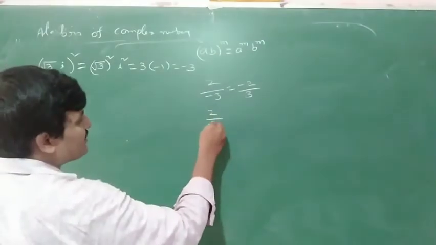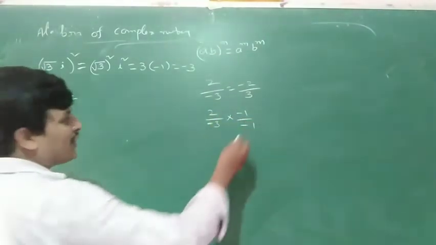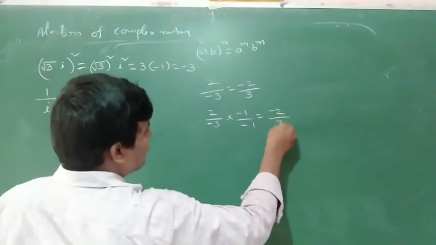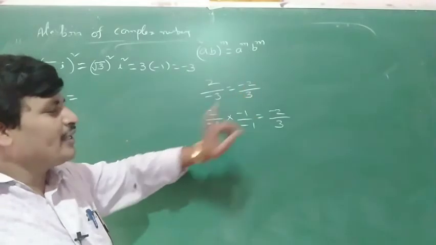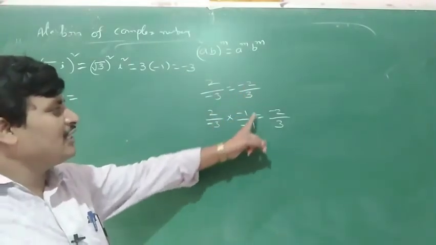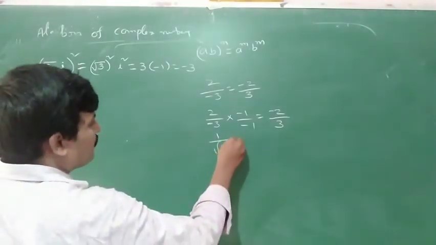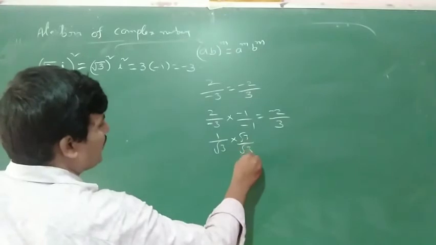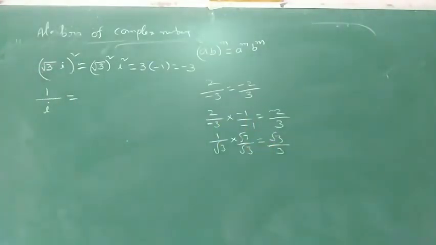How? 2 by minus 3, multiply and divide by minus 1, so 2 by minus 3 is equal to minus 2 by 3. This is minus 1 multiplied in both numerator and denominator. Similarly, 1 by root 3, multiply and divide by root 3, that is equal to root 3 by 3.